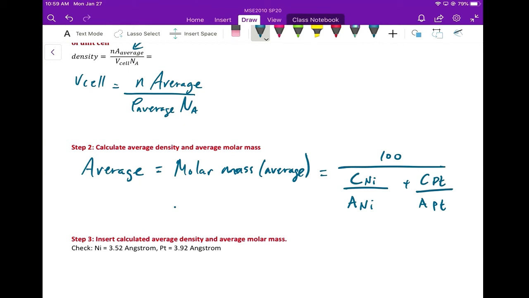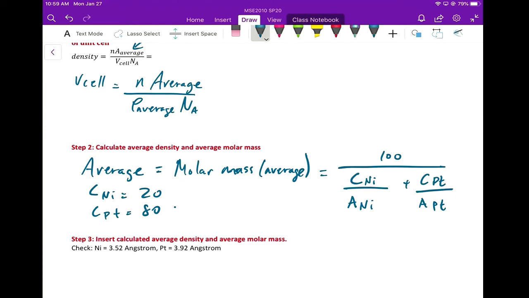And this is also an equation, I didn't actually note the equation, but it is in your book, and it's right after equation 5.13, okay? So we can plug that in where C Ni is 20 weight percent, and C platinum is 80. And A Ni is already given.